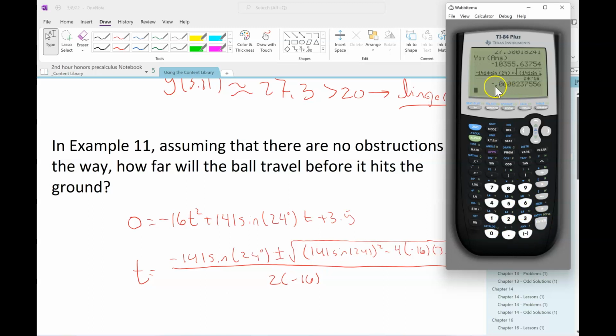So I have a negative answer. Well, that doesn't seem very helpful to me, although maybe not surprising if I think about what's going on. Why shouldn't I be surprised that one of the answers was negative?